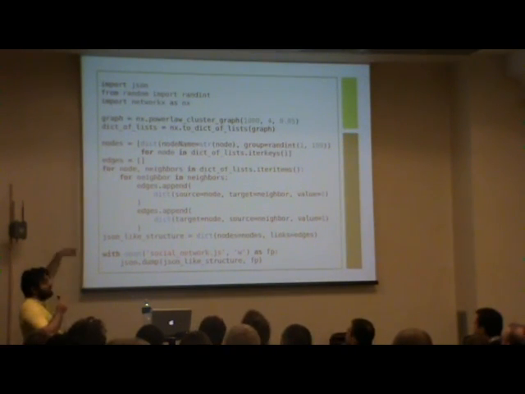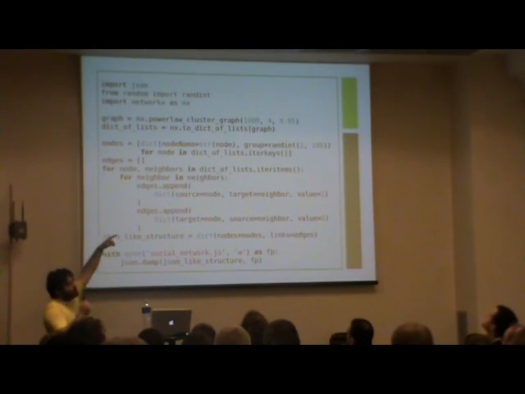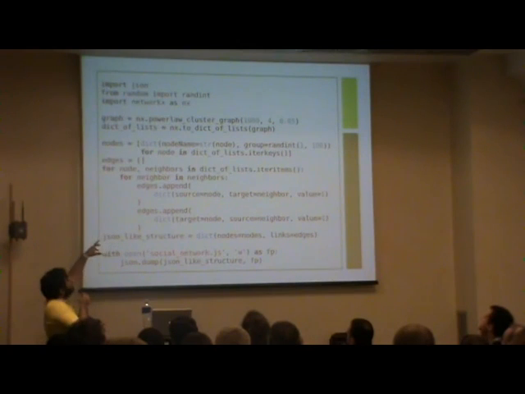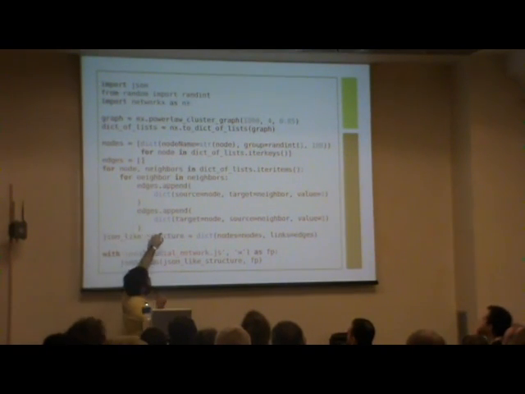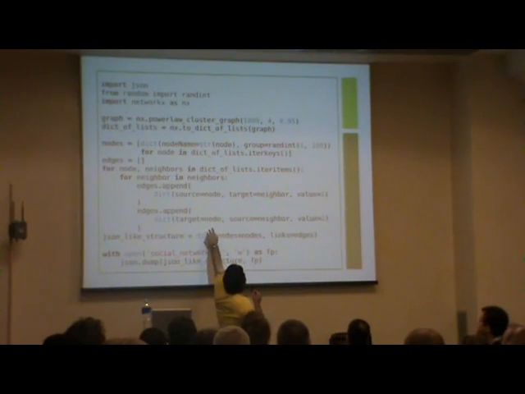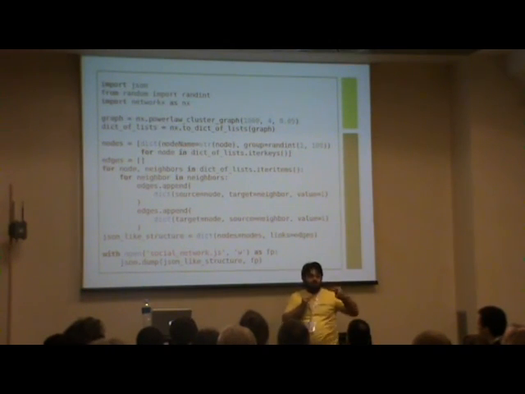So the code below does not depend on NetworkX anymore. We make a dictionary. Well, we have node name, a group, and we have edges, both from the target to the source, and vice versa. Okay, because this works with directed networks.